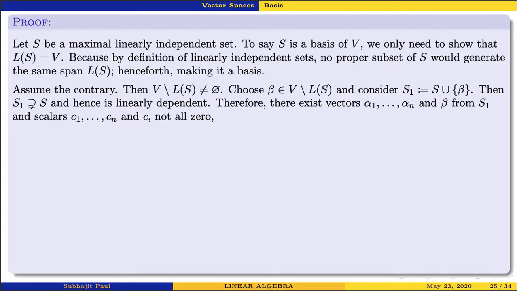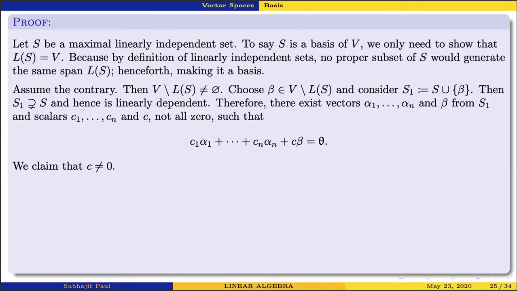Therefore, there exist vectors alpha 1 to alpha n and beta from S1 and scalars C1 to Cn and C, not all 0, such that C1 alpha 1 plus C2 alpha 2 up to Cn alpha n plus C beta equals theta. S1 is not linearly independent, so this relation is satisfied for scalars not all of which are 0.